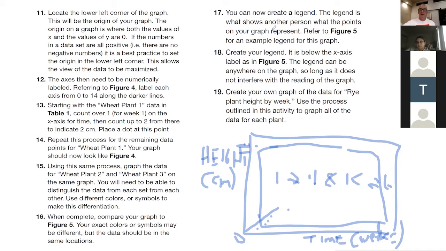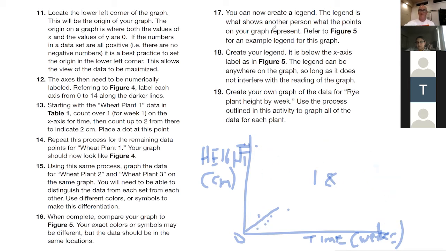The other thing to think about is if you're plotting more than one thing on this graph, and that's what we're going to be doing, right? We're going to be plotting 3 different plants. You want to have your data look different, so I automatically know which plant you're talking about.